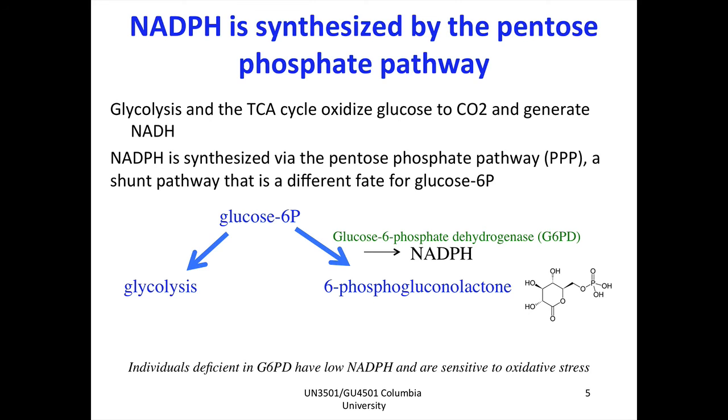It provides electrons for reduction reactions, and it's the major source of eliminating so-called oxidative stress, oxidative damage in cells. And so individuals that are deficient in making NADPH because of this G6PD deficiency are now ultrasensitive to oxidative stress, particularly in their red blood cells.